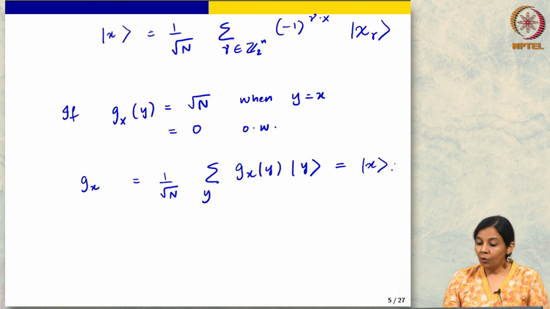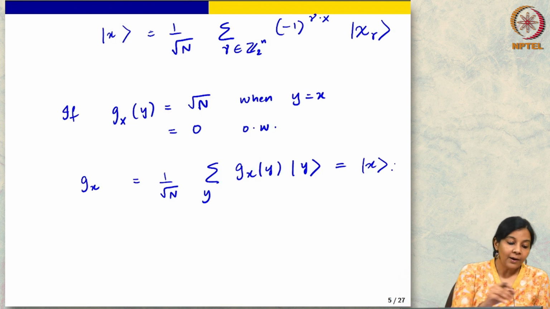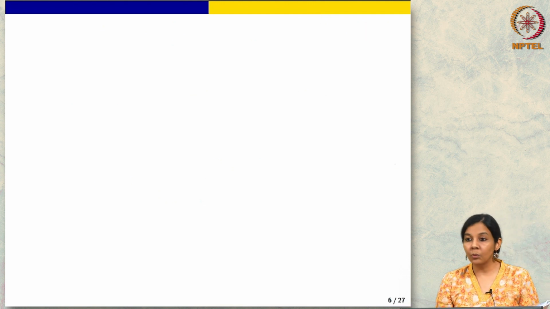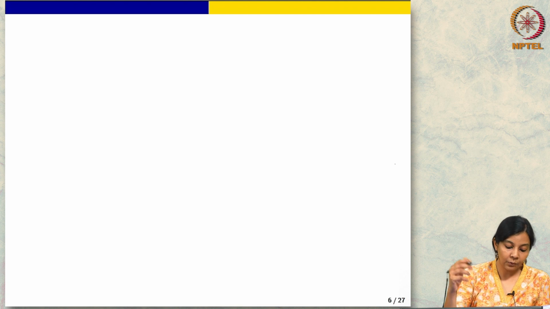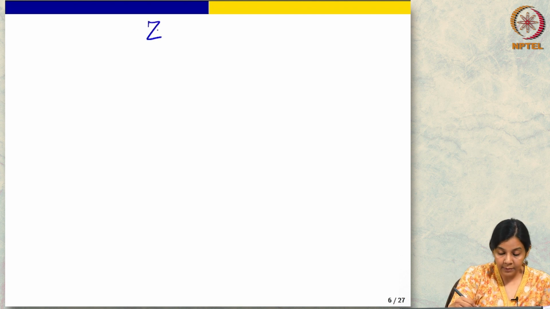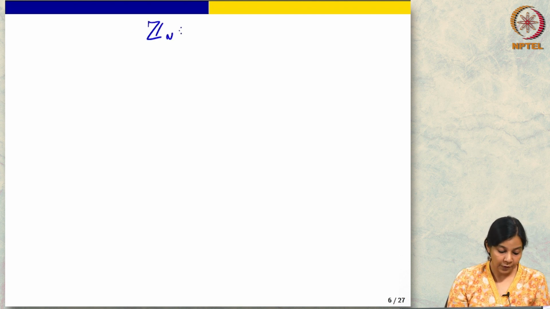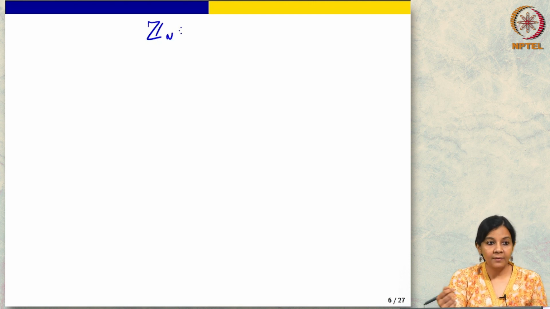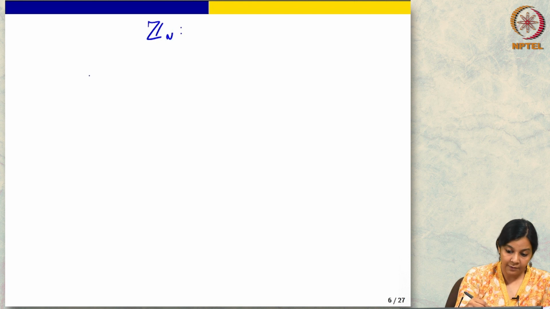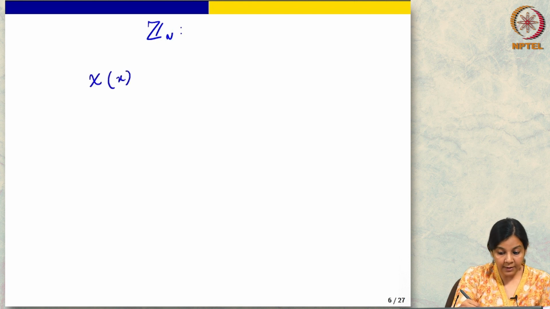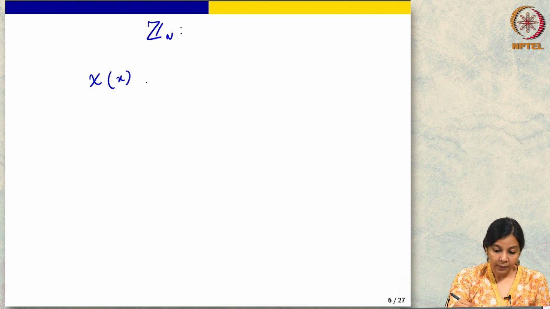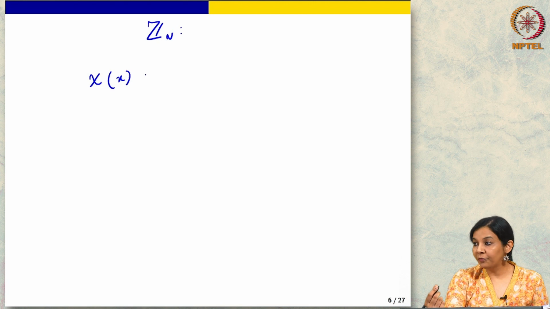Let us try to arrive at what the characters should look like. So now consider Zn. Let us try to figure out what characters this should have. One of the things that we said about characters is that it should satisfy this homomorphism property.